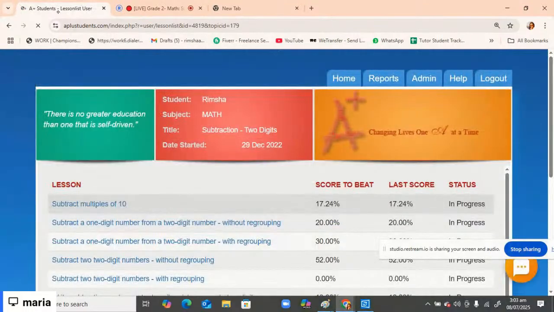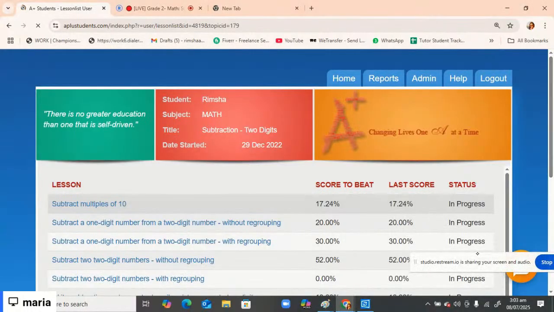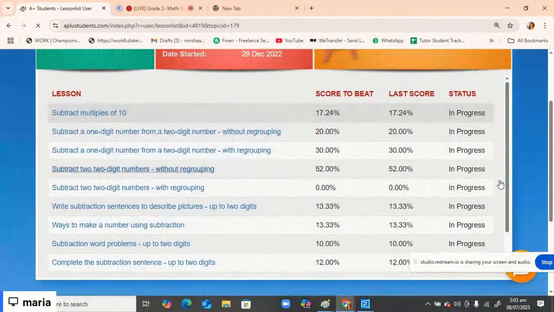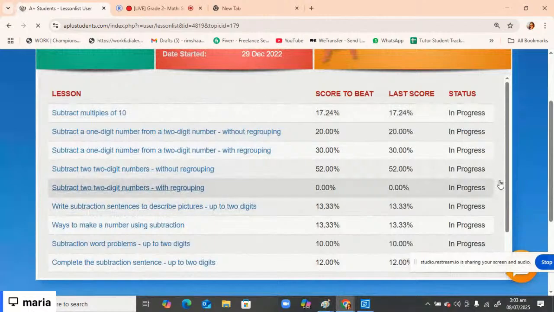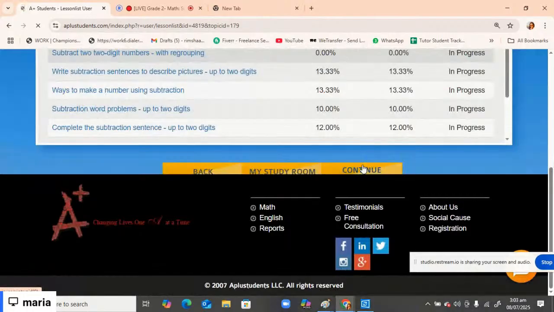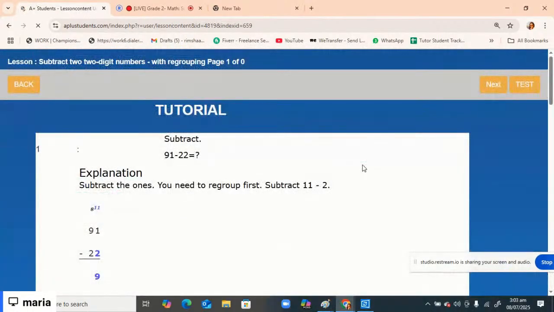So we are on the lesson subtract two-digit number with regrouping. All right. So here is the subtraction 91 minus 22.